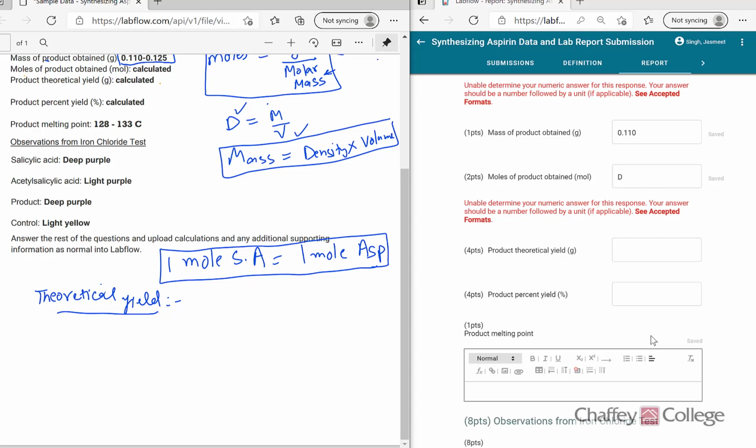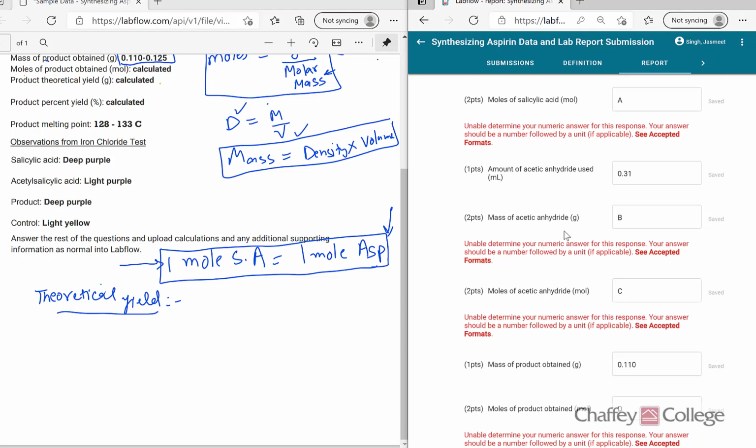So theoretical yield is calculated from the balanced equation, and as we discussed earlier, in the balanced equation given in the procedure, we can see that 1 mole of salicylic acid gives us 1 mole of aspirin. So we will use it as a conversion factor. The other thing to note here is that we need to calculate theoretical yield in grams.